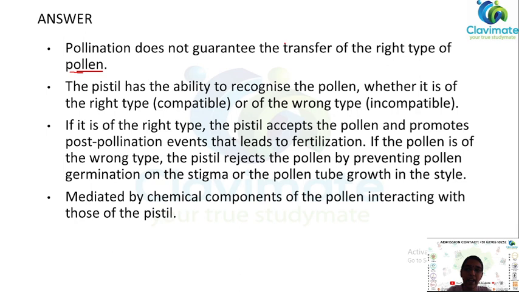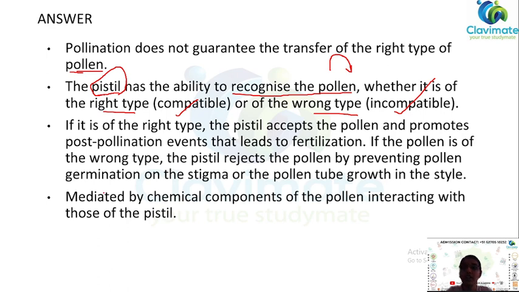So what is to be done is the pistil should have the ability to recognize the pollen, whether it is of the right type or wrong type, whether it is compatible or incompatible. An apple's pollen will not fall on a guava tree's pistil. So the pistil has to know which is its pollen.